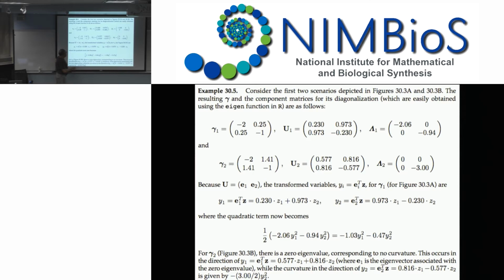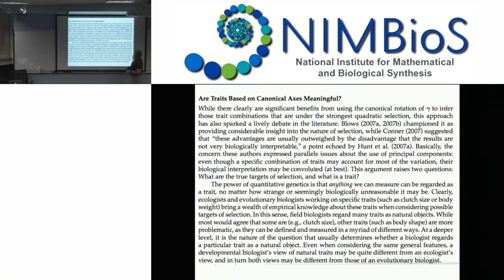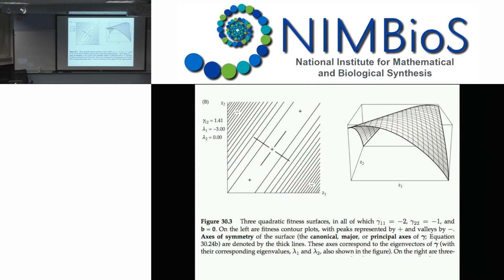And so the nice thing about that is when you write them on this scale, all those interaction terms go away, and these things become far easier to interpret. And this is called the canonical A and the canonical B forms. And that just basically shows you that. These are called axes of symmetry, or canonical axes, or major axes, or principal axes.